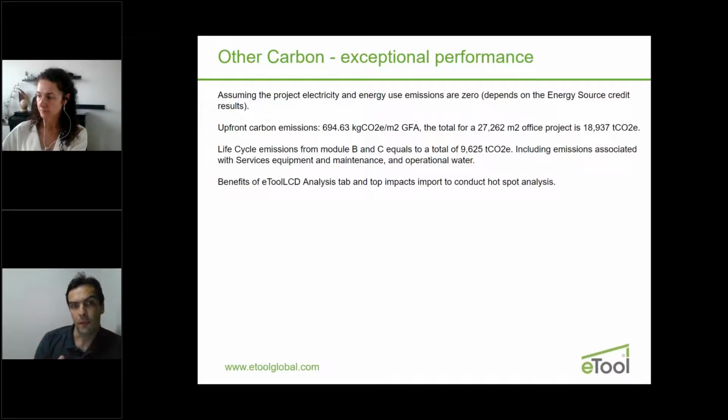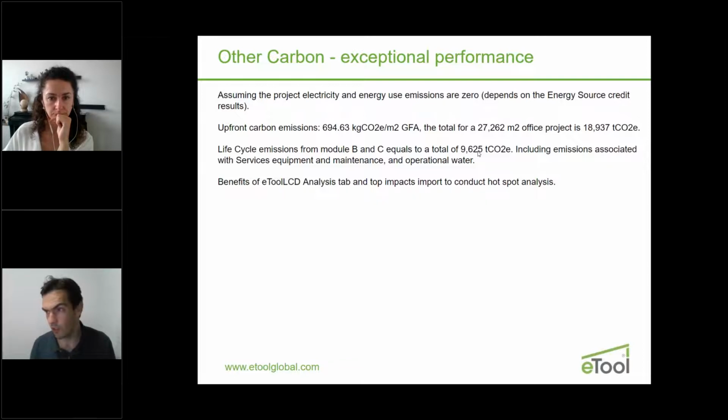Then you have to offset your upfront carbon emissions, and this is what we calculated on a meter square basis multiplied by the area of this example project. It's another nearly 19,000 tons to be offset just for the upfront carbon emissions. And you also have to offset the other operational and end-of-life emissions from Module B and Module C. So that equals 9,625 tons associated with the other life cycle stages as part of Module B and C.